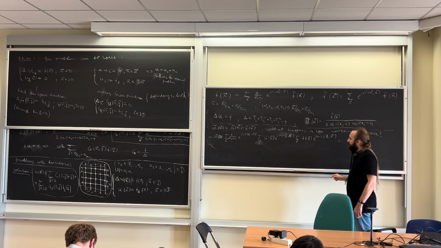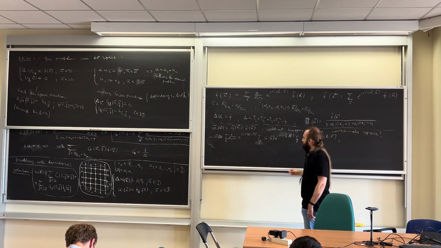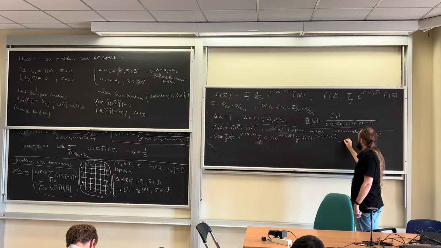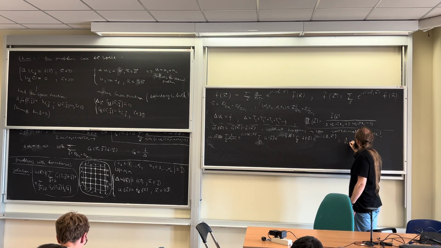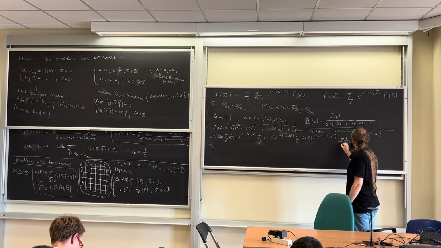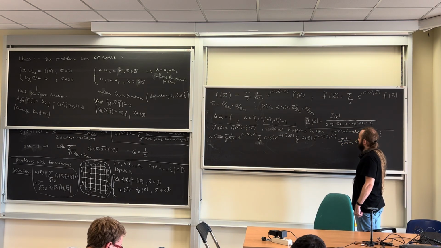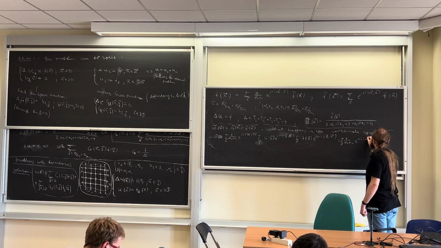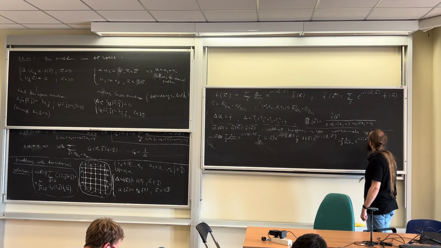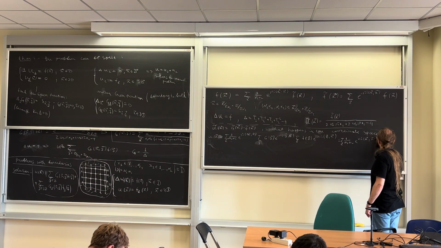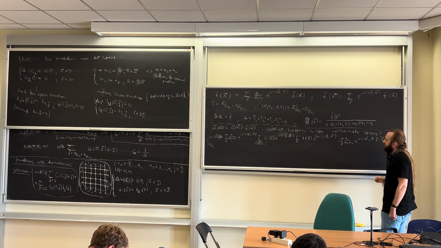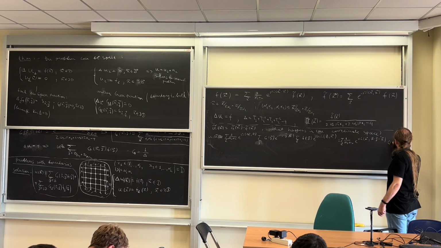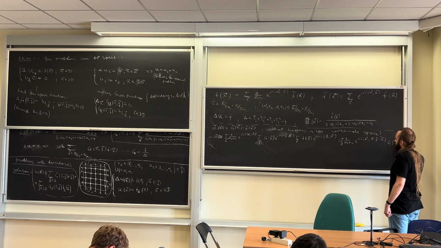Let us put all this together: 1 over n1 n2, the sum over k of e to the 2 pi I k times x minus y minus z, times g of y times f of z.